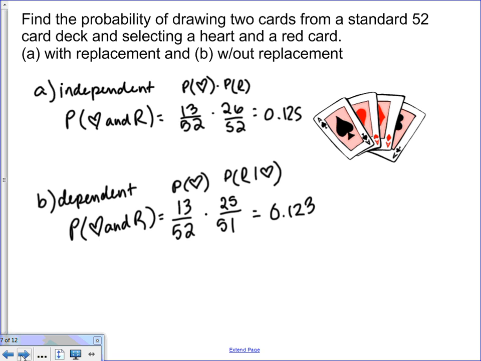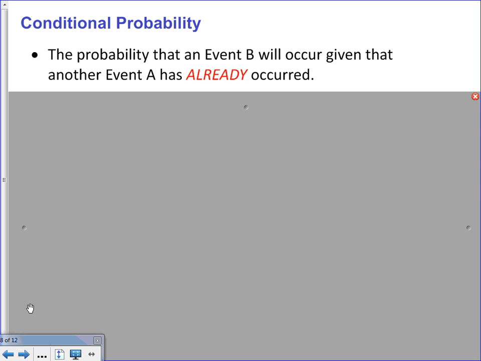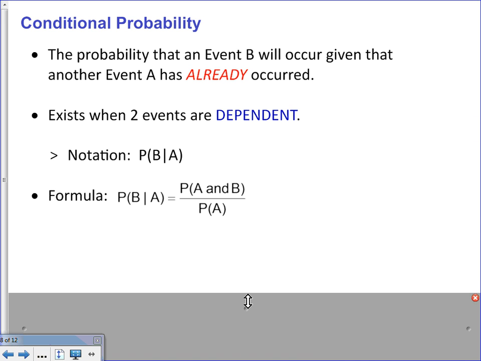Okay, on the back side, we need to talk about conditional probabilities. So I'm going to have you jot these things down. We'll try to get an example done before you leave. We've already said a little bit about conditional probability, and this really says the same thing I said about conditional probability on the last slide.